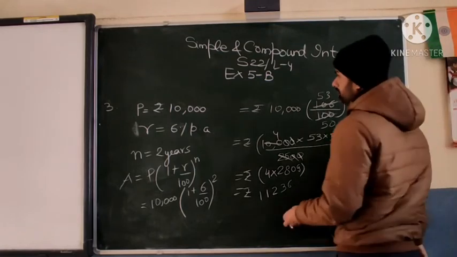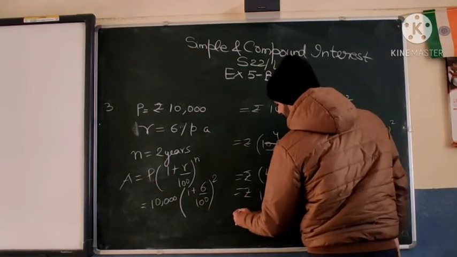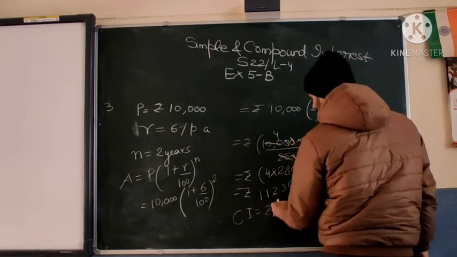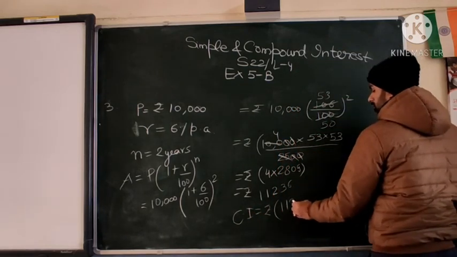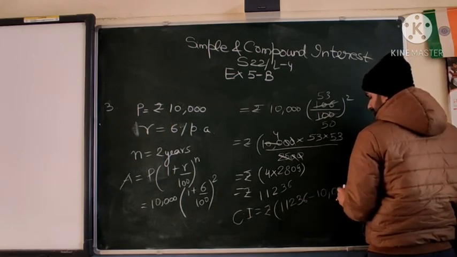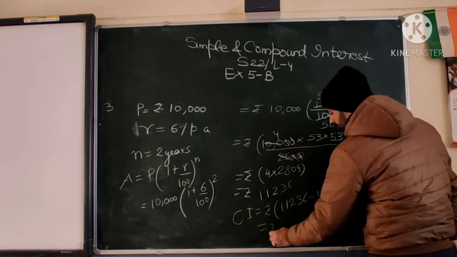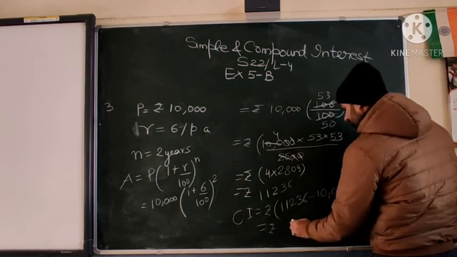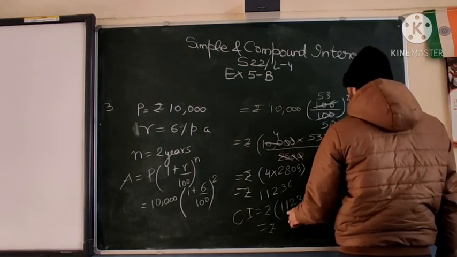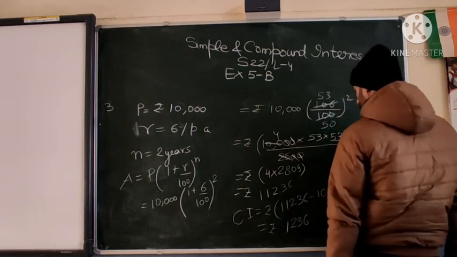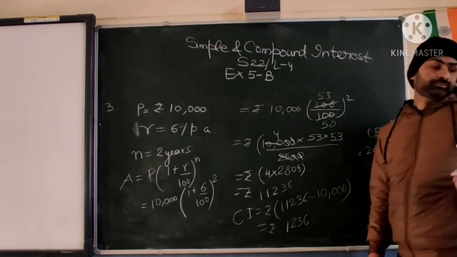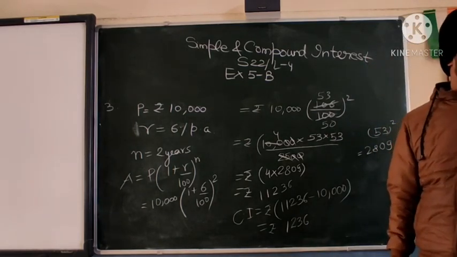So what will be the compound interest? It will be 11236 minus 10,000, that is rupees 1236. That should be the answer.